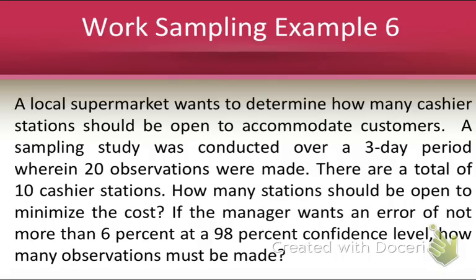If the manager wants an error of not more than 6% at the 98% confidence level, how many observations must be made? Now, for this example, so binigay dito na you have 20 observations and there were a total of 10 cashier stations. So therefore, your total number of observations is just the product of 20 and 10.